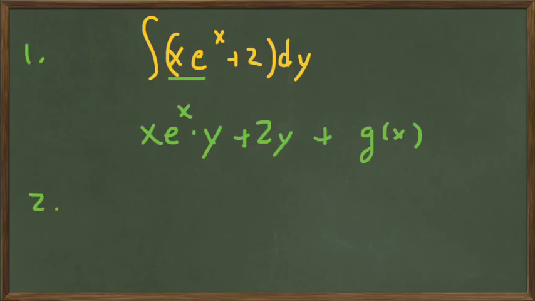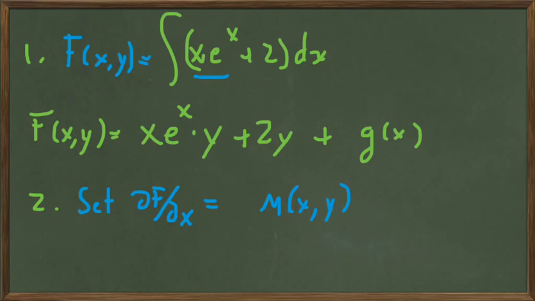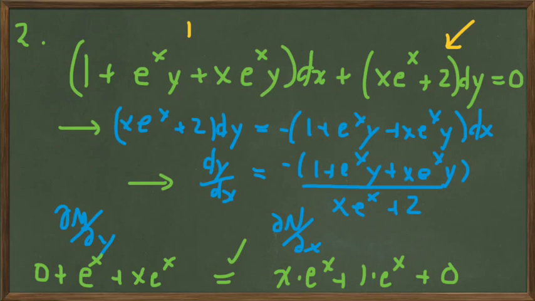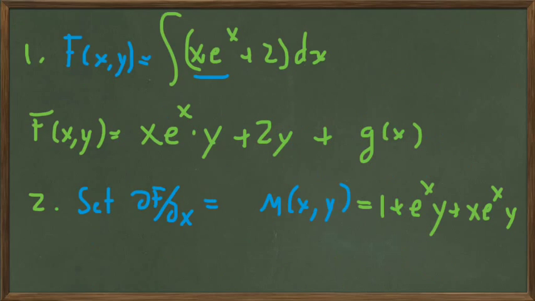Our step 2 would be to take this f of x,y that we found in step 1, and take the partial of what we just found this time with respect to x, and set it equal to M. M was 1 plus e to the xy plus x e to the xy.